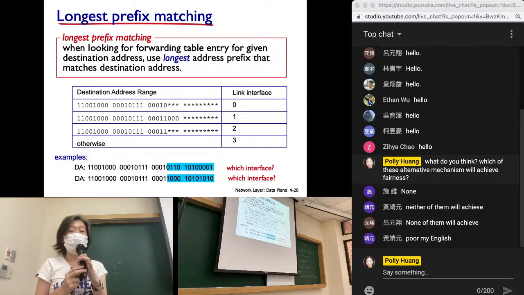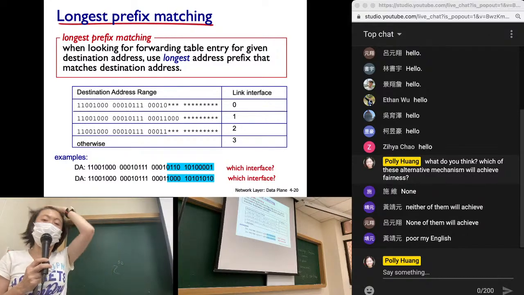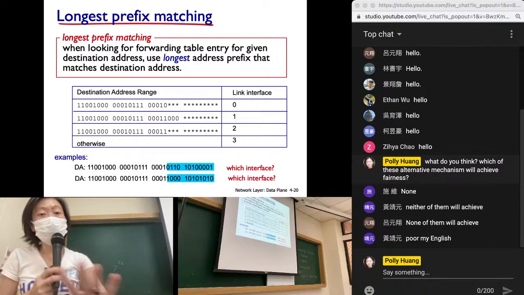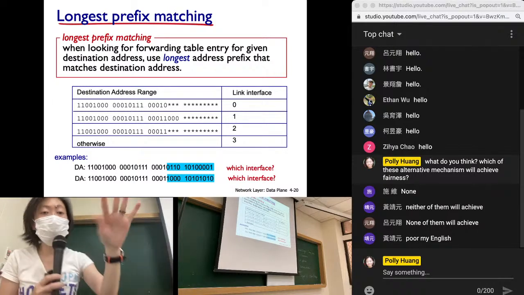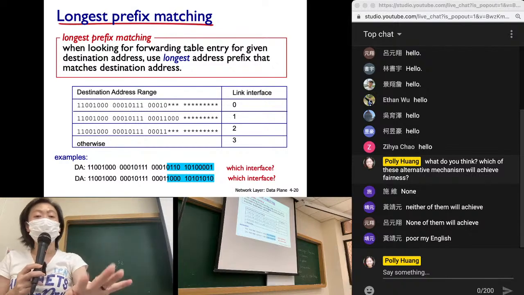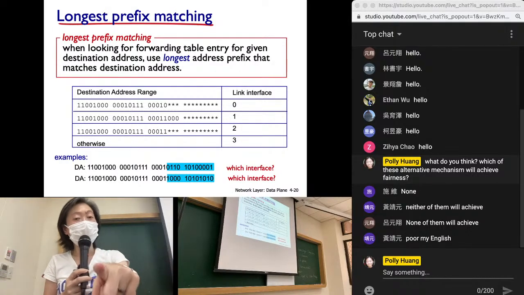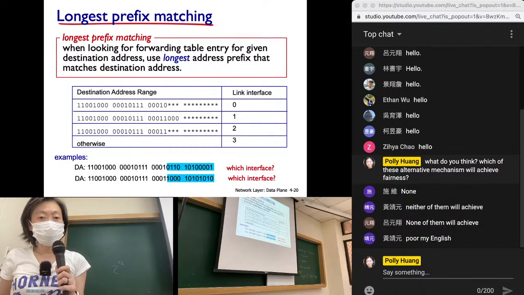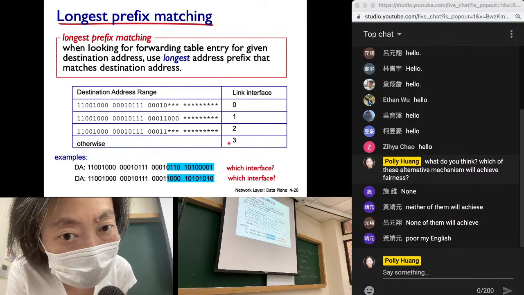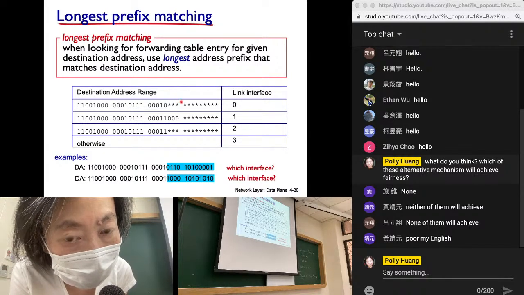So that is saying if the destination IP address matches this pattern, I'm going to leave the last 8 plus 3, 11 bits flexible. It's okay if those values are not quite the same; it still matches this prefix. So if we match the first prefix, we go to interface 0.